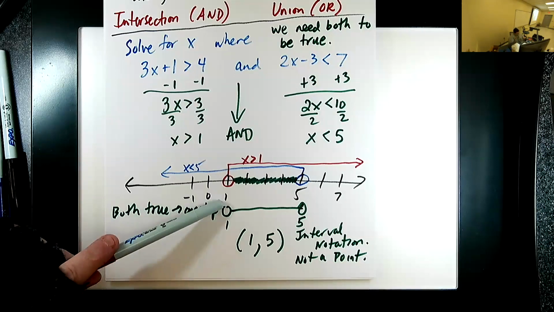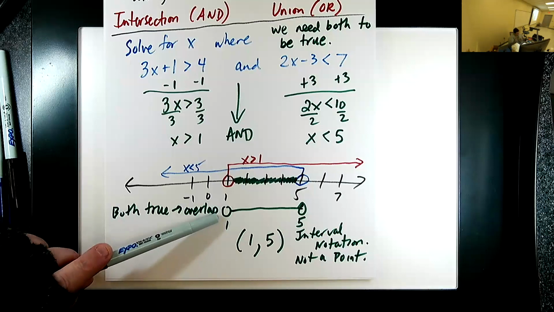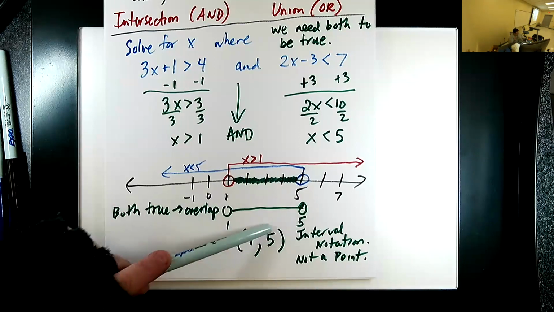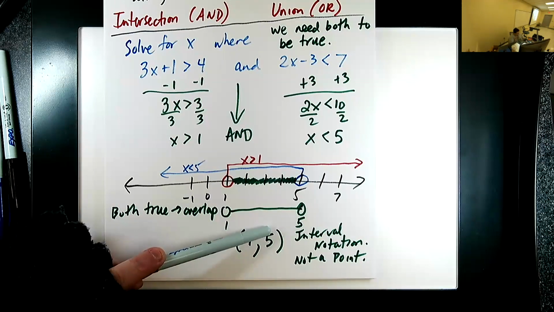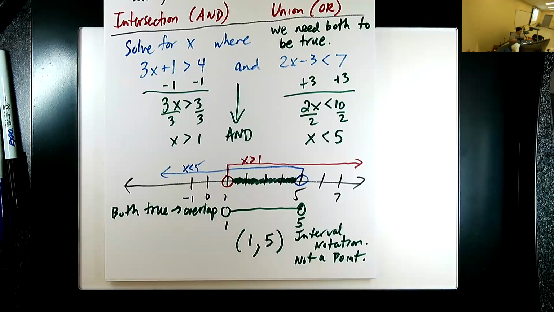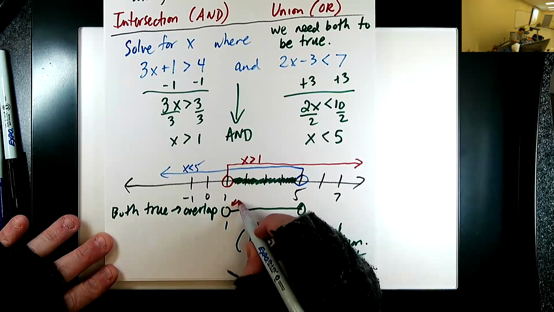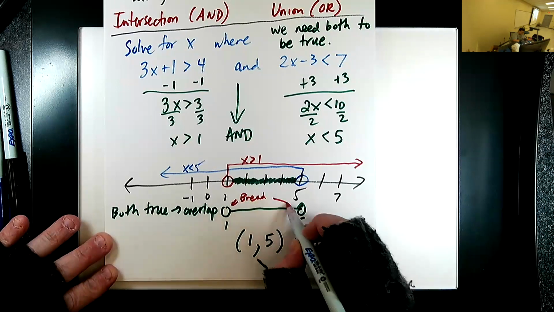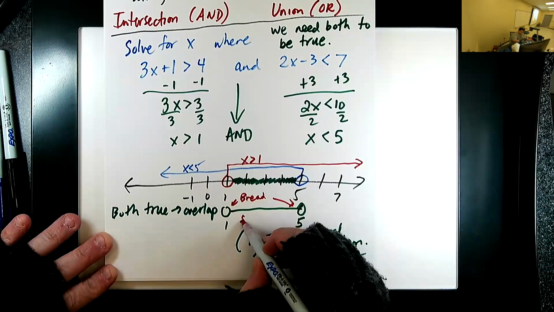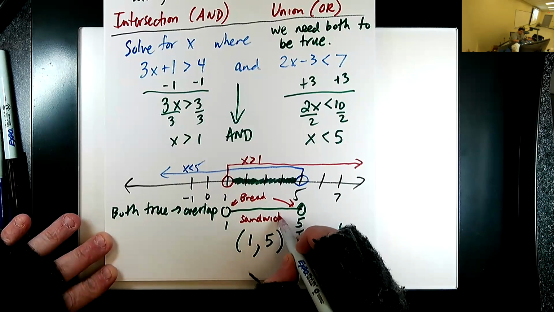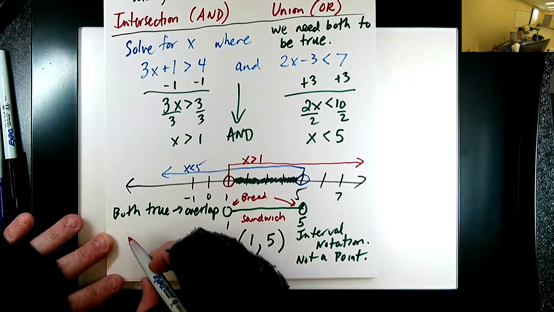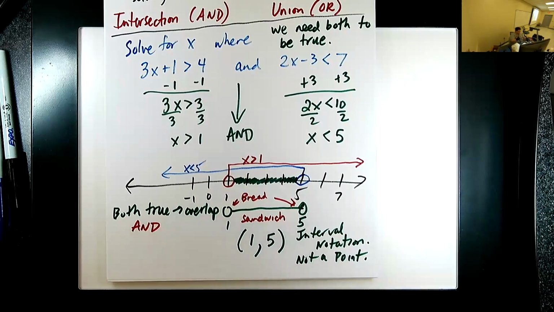We can do something like this, where there's 2 circles at the end. This is kind of like a sandwich, where this is like bread. Often the ands can turn into a sandwich.